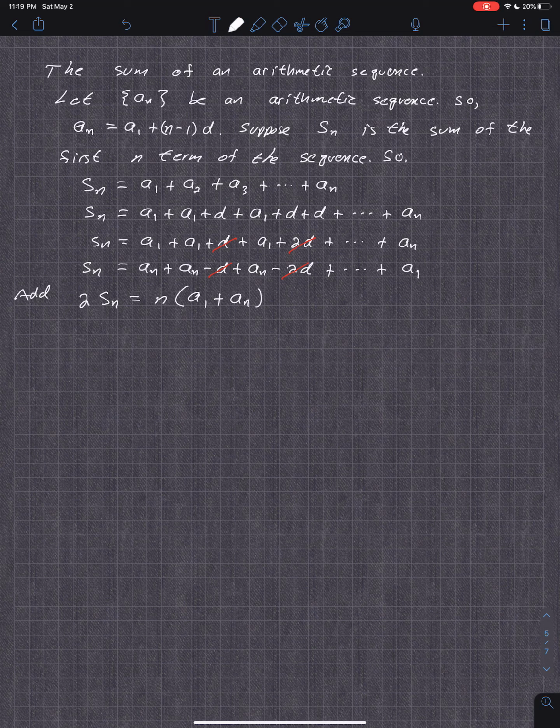So then you just divide by 2 and you get n over 2 times a1 plus an. So the sum of the first n terms of an arithmetic sequence is the first term plus the last term times half n, half the number of terms you're adding.